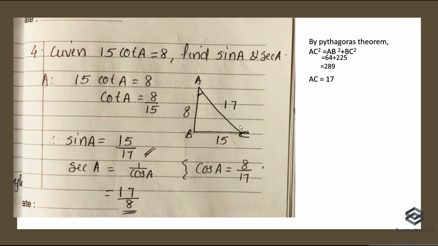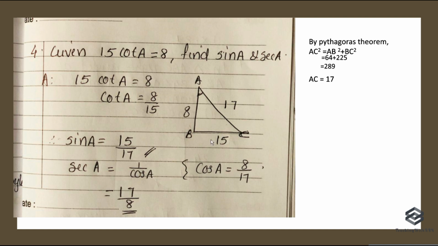Now this side is missing, that is hypotenuse. Using Pythagoras theorem, find out that missing side, that is AC square equal to AB square plus BC square. AB 8 square plus BC 15 square 225. Therefore AC square equal to 289, AC equal to 17. You got all the three sides. Now find out sin A and sec A. What is sin A?